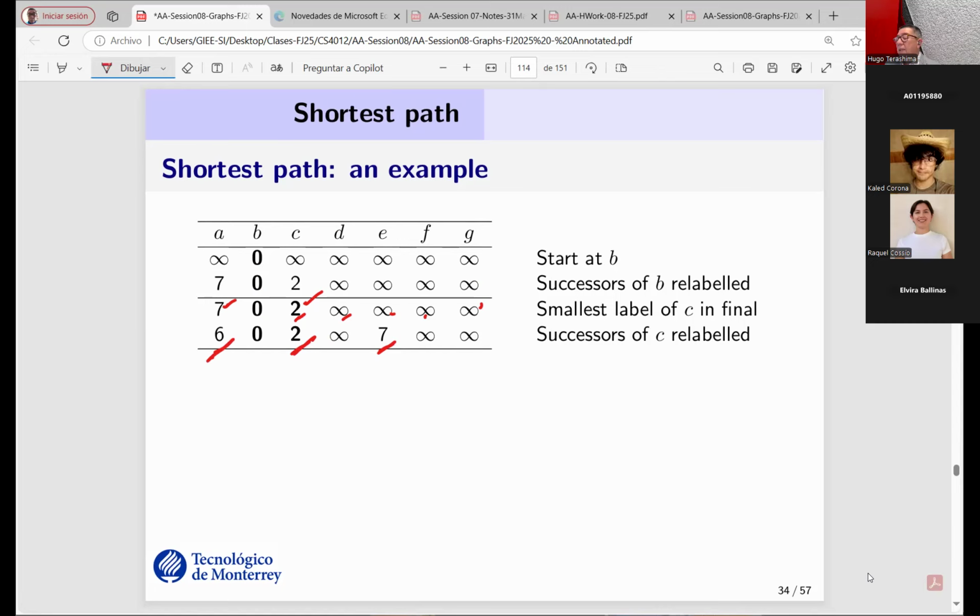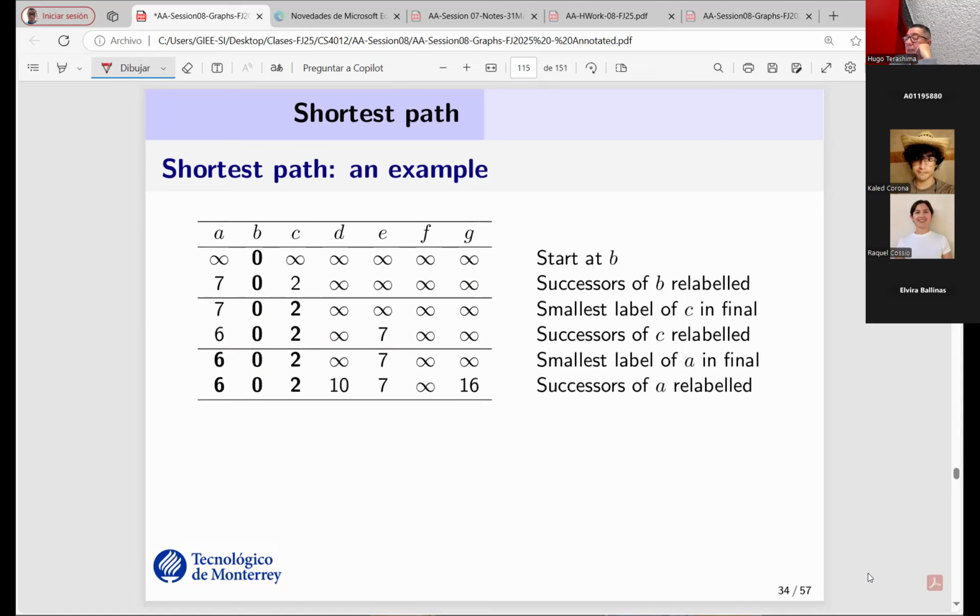So what is the next node to be chosen? A, right? Because it's the minimum between these two. I have 6 and I have 7. So this is the one.